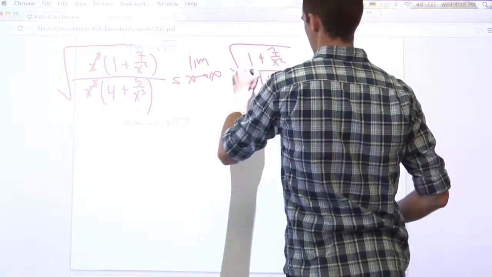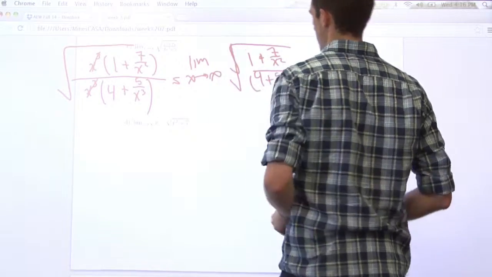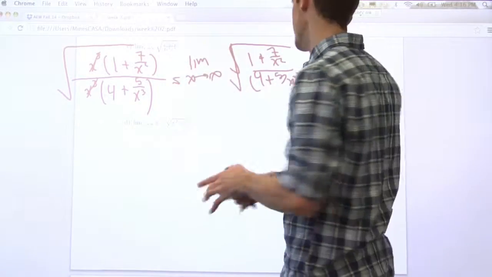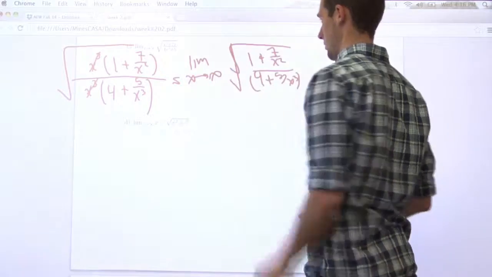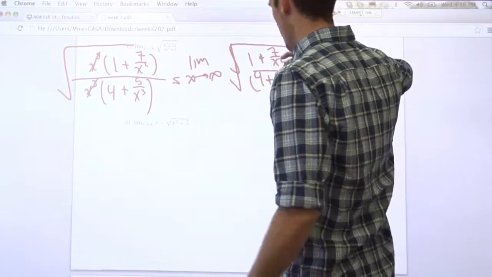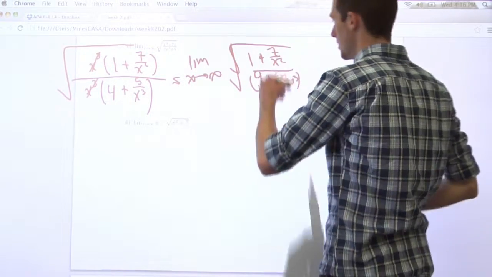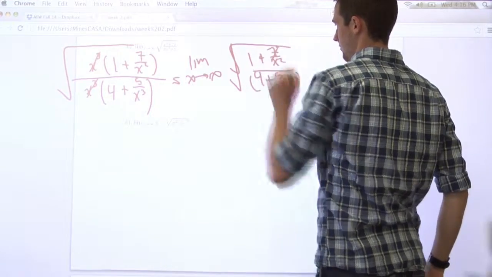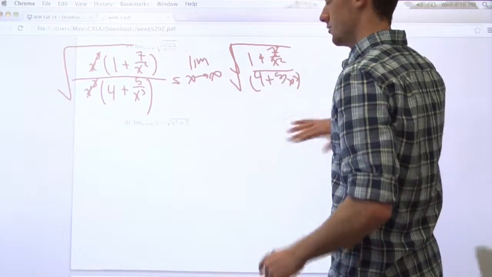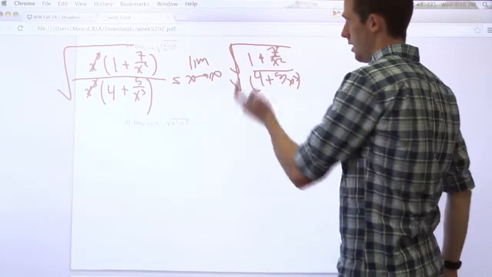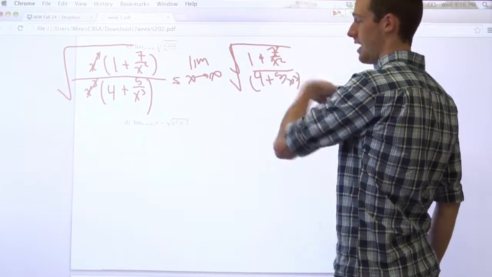Now if you plug in infinity right here, the 7 over x squared, 7 over some ridiculously large number, is just going to go to 0. The 1 is not dependent on x at all, so it doesn't matter. I'll have a 4, that's fine, and then 5 over x cubed.